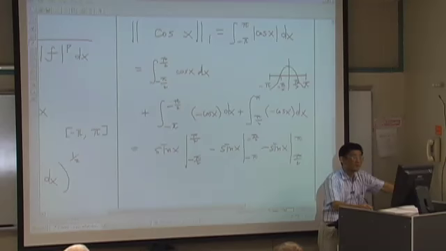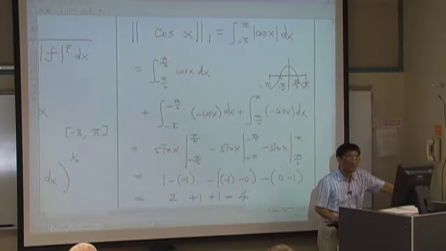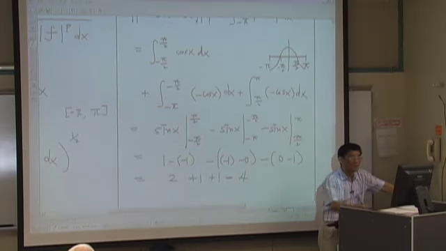If we plug this in, sine pi over 2 is 1, and sine of negative pi over 2 is negative 1, which gives 2. Then minus sine pi is 0, and sine pi over 2 is 1. We have 2 plus 1 plus 1, which is 4. So the conclusion is that the one norm of cosine x is 4.